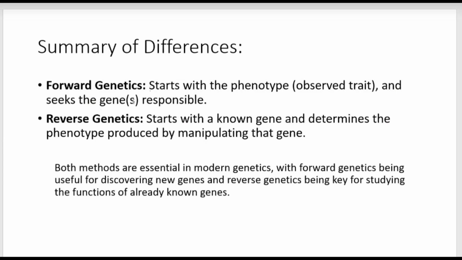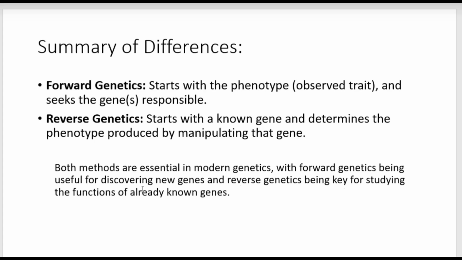What is the difference between forward and reverse genetics? Forward genetics starts with the phenotype and seeks the genes responsible for this phenotype. Vice versa, reverse genetics starts with the known gene and determines the phenotype produced by manipulating that gene.